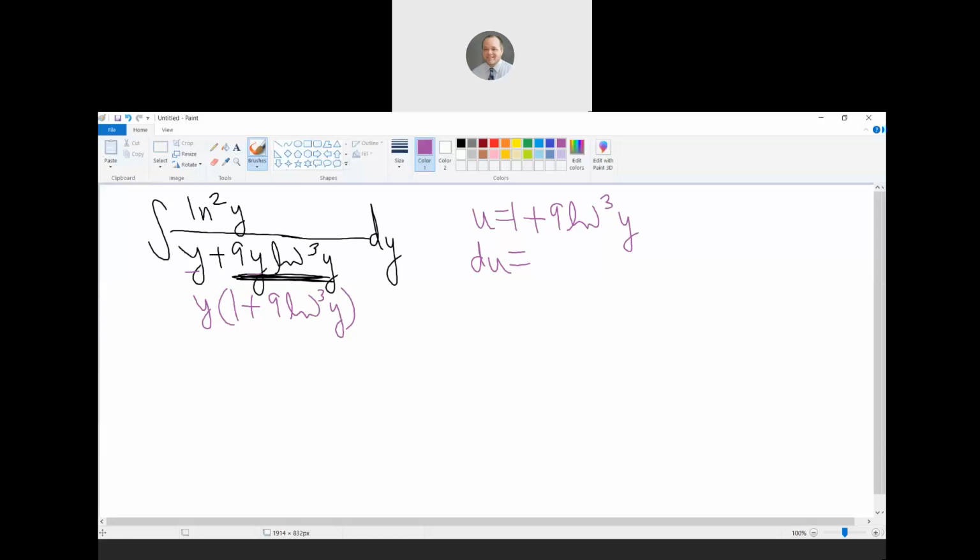So power rule first, we'll move the 3 in front and multiply it times the 9, and subtract 1 from the original exponent. So that would be a natural log squared of y.